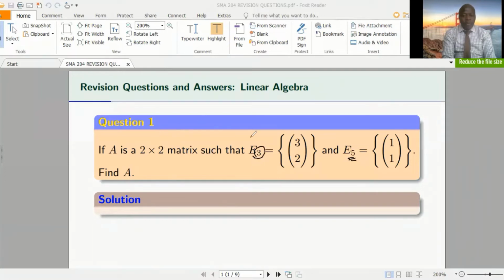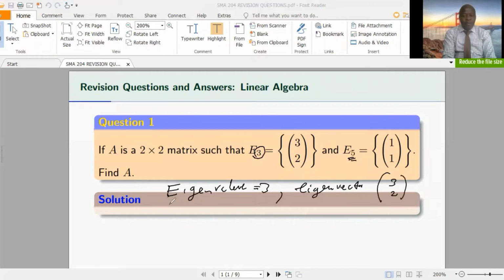So this is a very easy question. We've been given the eigenvalue, and we've been given the corresponding null space. So that means when the eigenvalue is 3, the corresponding eigenvector is (3, 2).